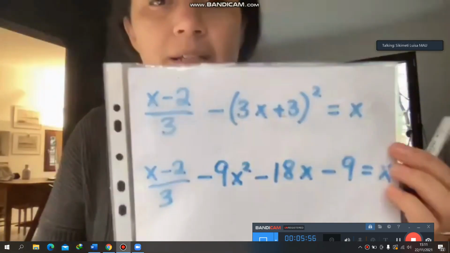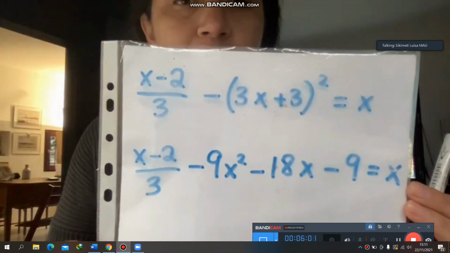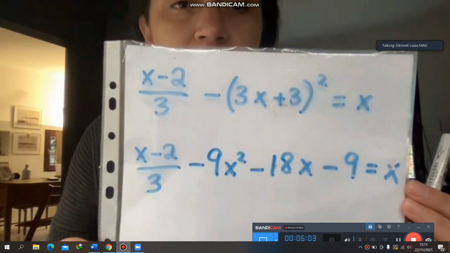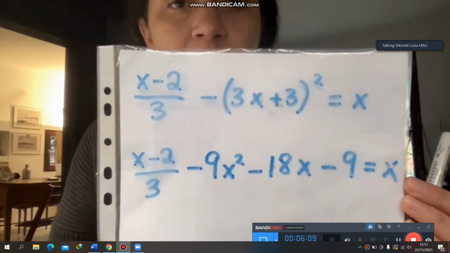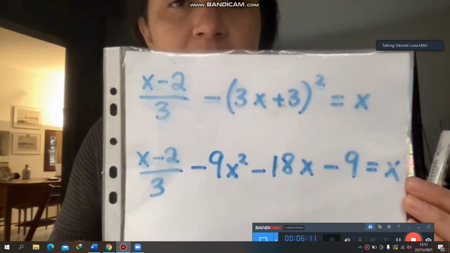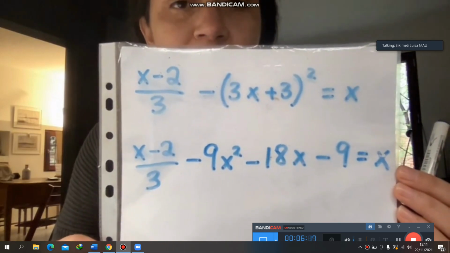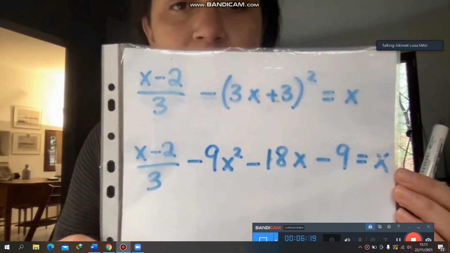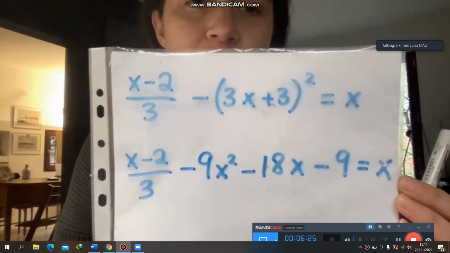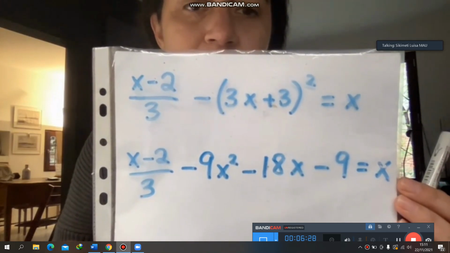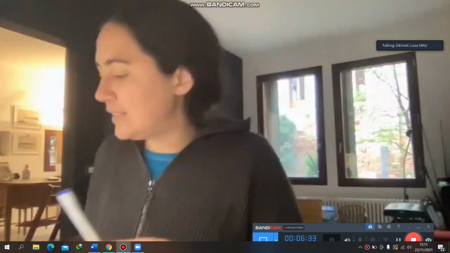Okay, so when I open up the brackets there with the power of 2, that's what I ended up with. Because 3x plus 3 all squared ends up being 9x squared plus 2 times 9, which is 18, times x, plus 9. And then because there was a minus sign in front of it all, it's a minus everywhere. So far, so good? Yes, yes. Okay. Now let's see what else we can do.